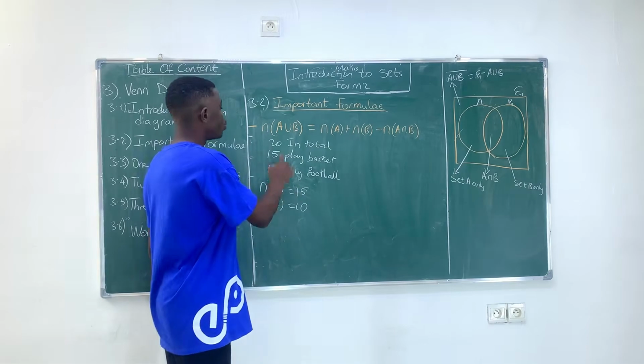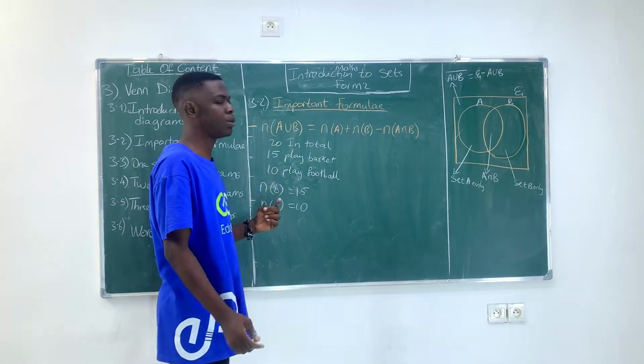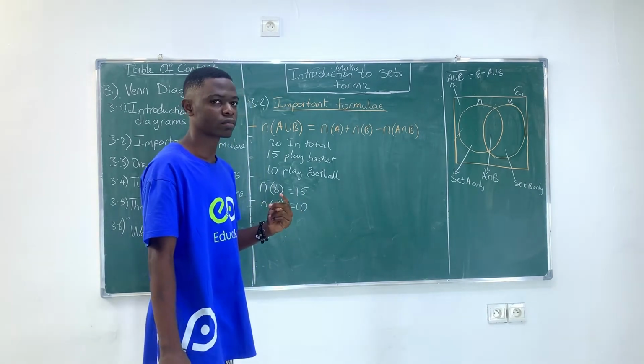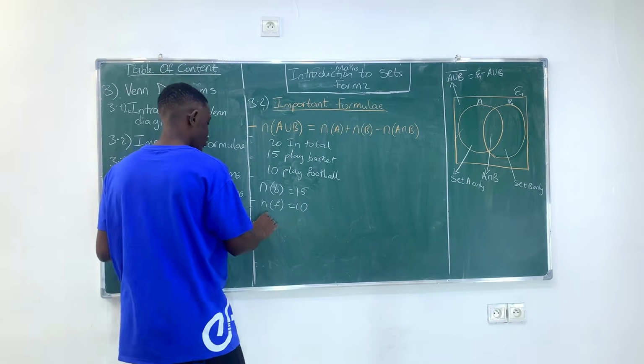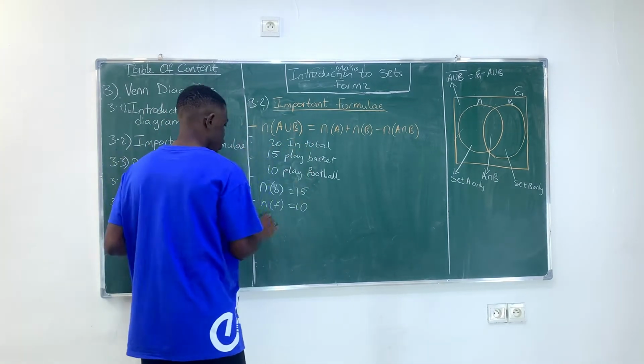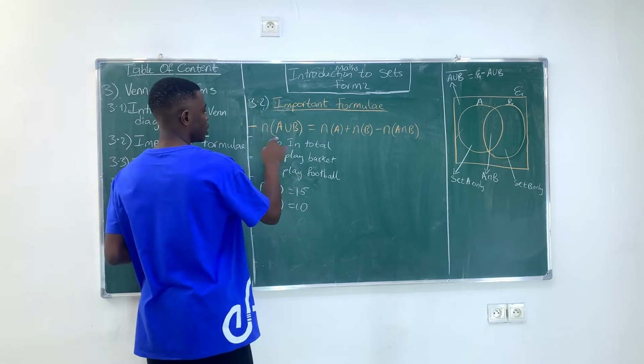So if you have a total of 20 people, you cannot have 25. So the answer for A union B is 20 people in total.